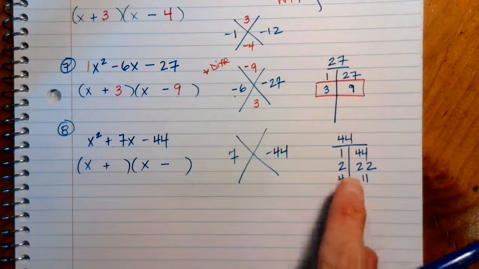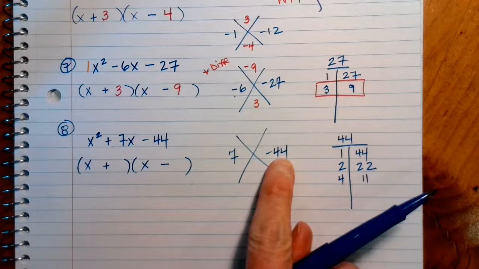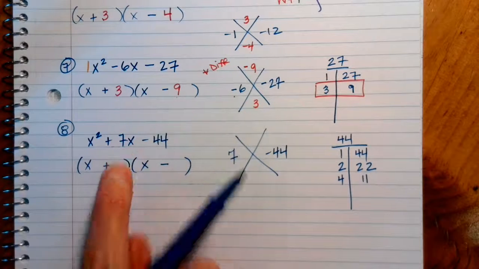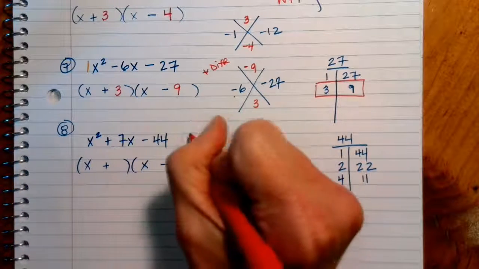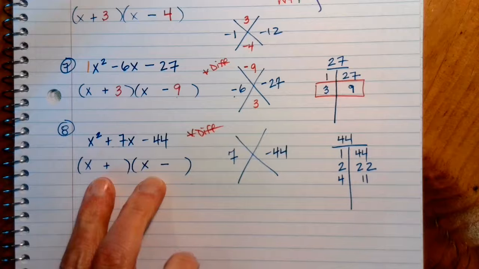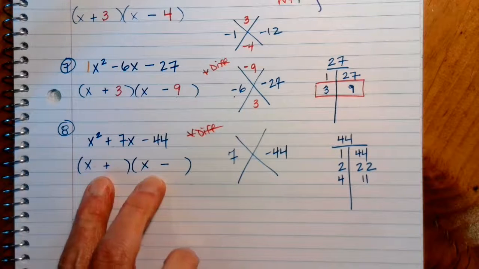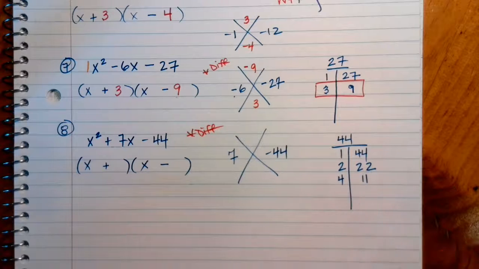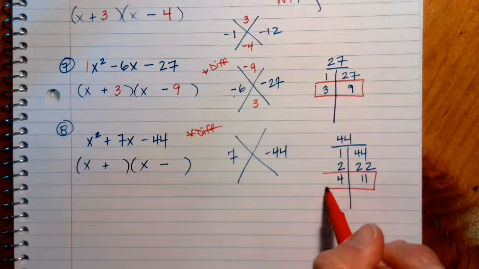So we're looking for a product of negative 44, and then two numbers that have a difference. And I know that this is going to be a difference because my signs don't match. So when I add them together, I'm actually going to be subtracting. So two numbers that multiply together give me 44 with a difference of 7. There they are right there.